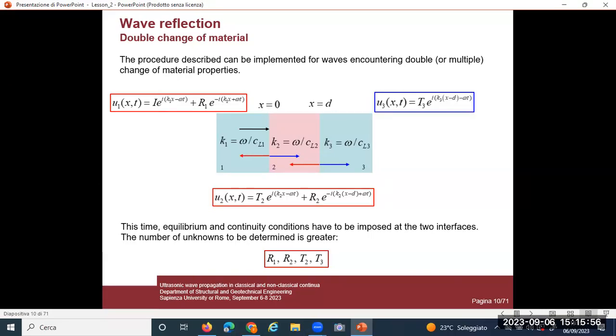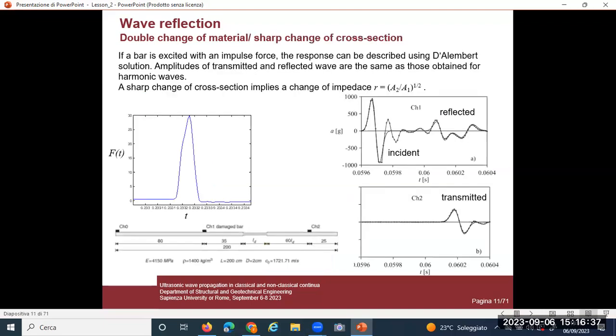And in this case, the difference is that you've got to account for what happens at every interface. The number of unknown amplitudes is much greater, but also the number of equations is greater. Therefore, you've got to enforce continuity and equilibrium at each interface. And in this way, you are able to determine all the amplitudes of the reflected and transmitted waves.